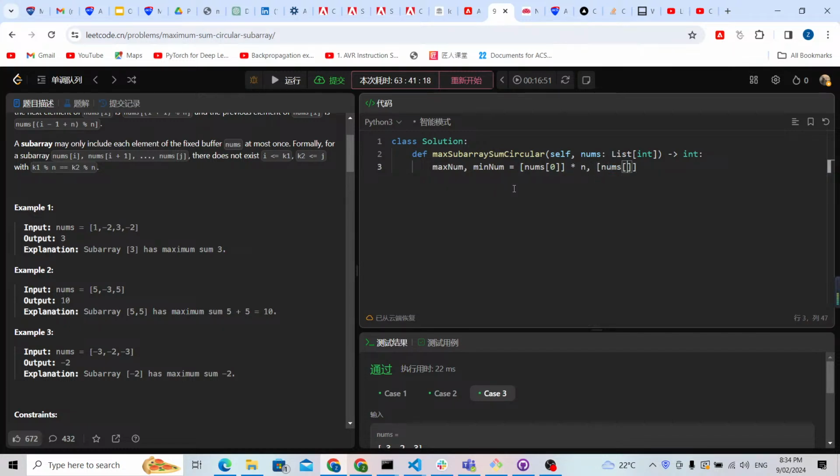And this n is the length of nums. Currently, we just prepare two arrays: maximum of nums and minimum of nums.